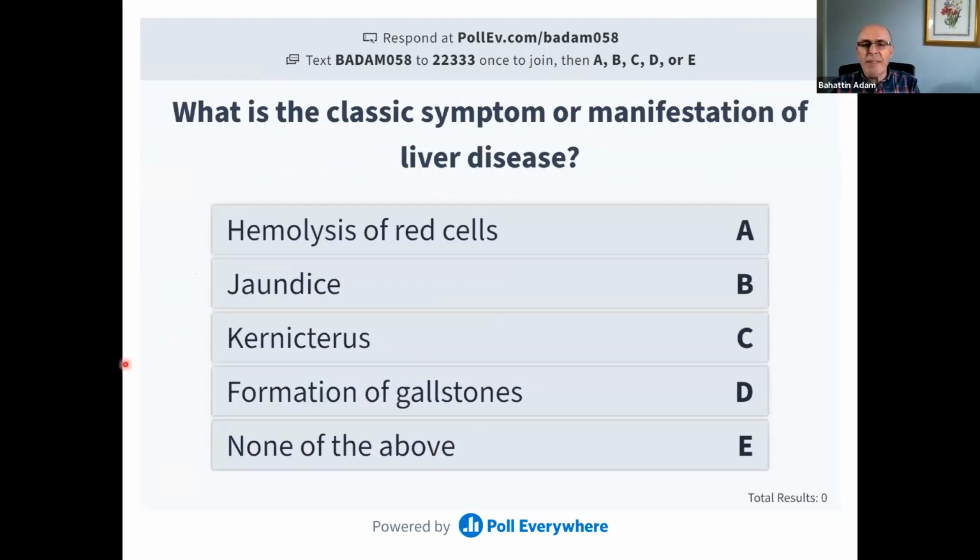What is the classic symptom or manifestation of liver disease? Hemolysis of red cells, jaundice, kernicterus, formation of gallstones, or none of the above.